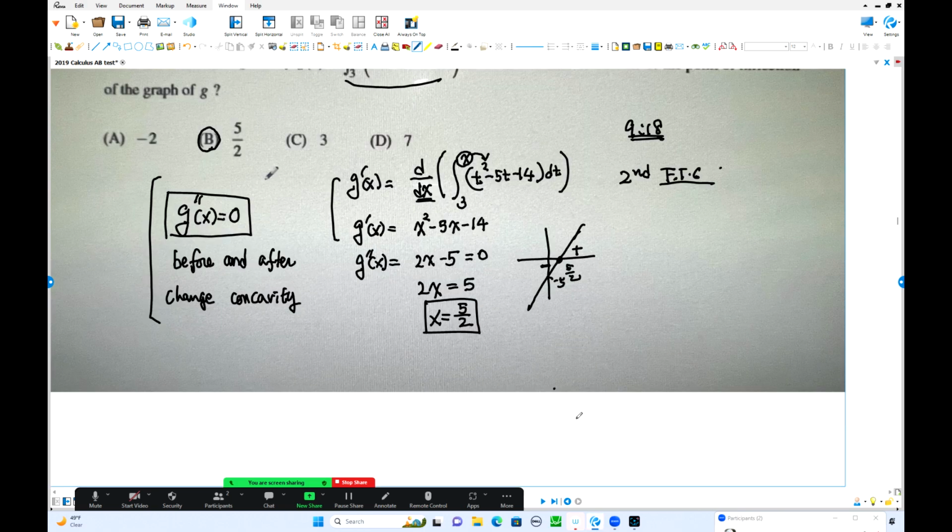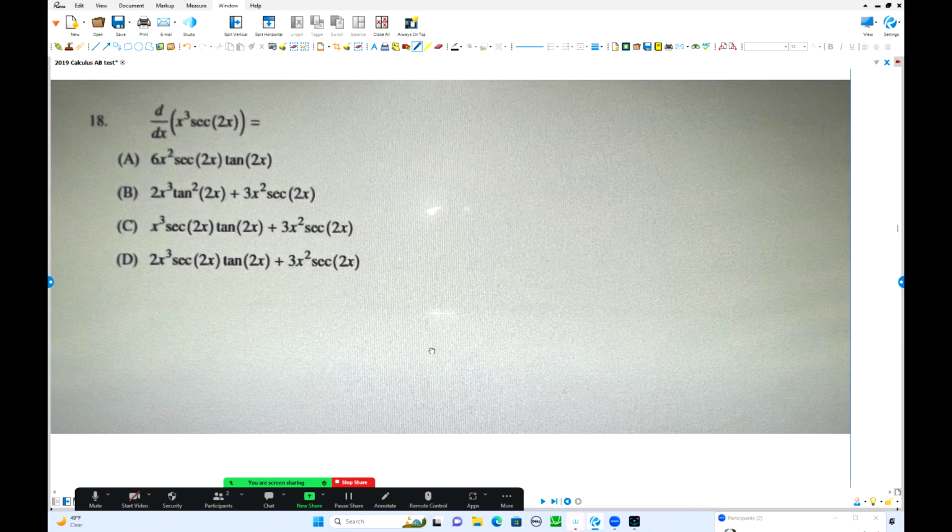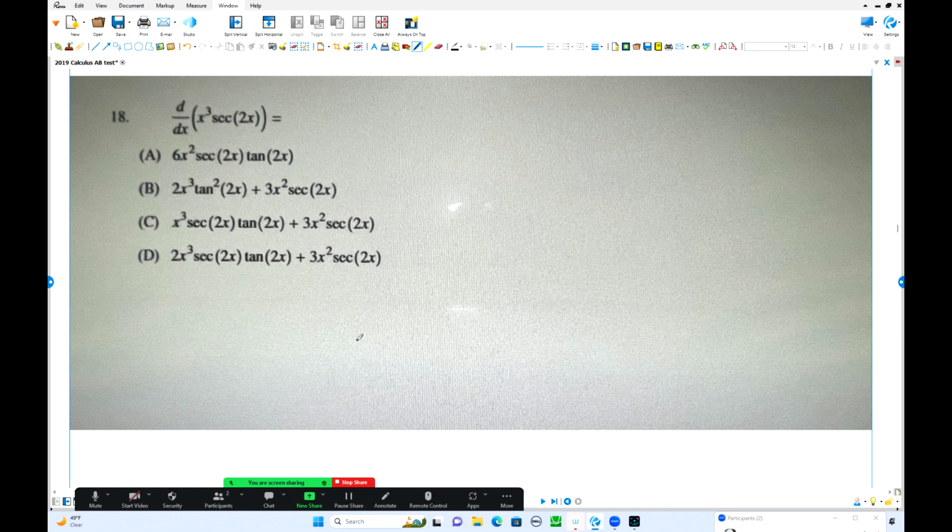The next one, number 18. Another chain rule there. Yeah, chain rule, but before that, we have to use the product rule first, okay?